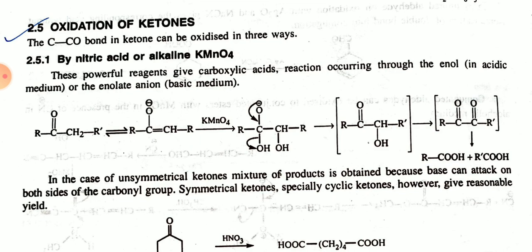What happened here? The OH will combine with the double bond carbon. You can see here the two OH groups combined with the carbon. Now one OH group will be removed from this side by transferring the electron from oxygen to carbon.